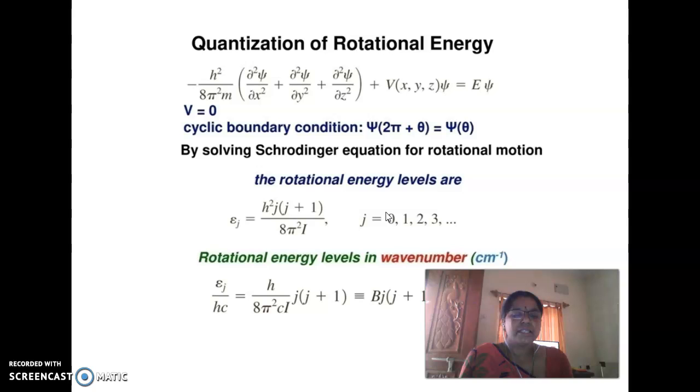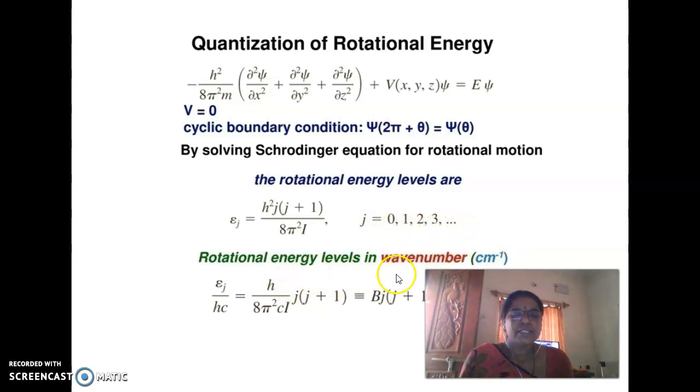Rotational spectra deal with rotational energy levels, which are labelled by rotational quantum numbers, numbered 0, 1, 2, 3, etc.